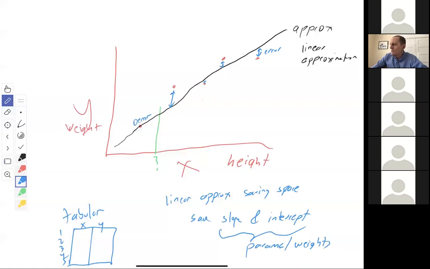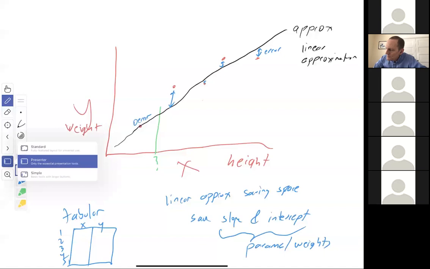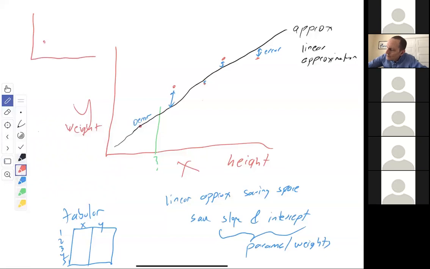Now, there are other ways we could generalize. We don't have to use a linear function, right? We could say, well, the way I'm going to generalize is, let's say if we want to have this green guy, let me redo this chart right up here. So we have here and here and here and here and there, right?